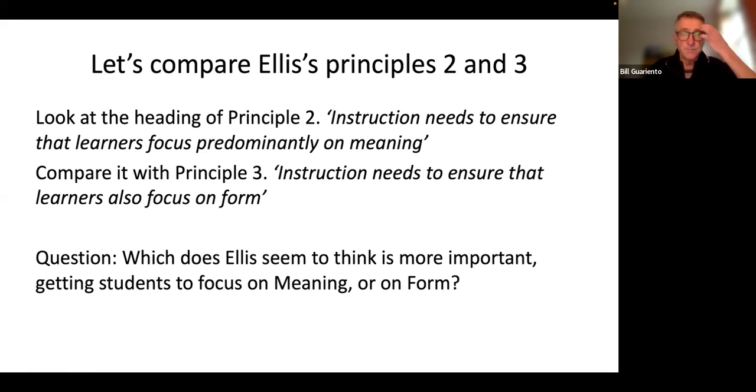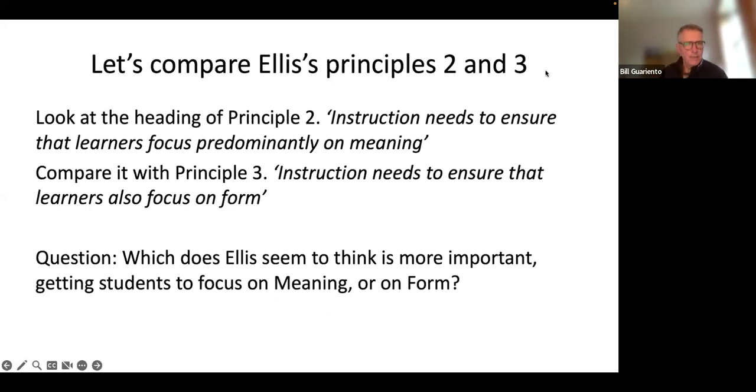We saw that 2 or 3 weeks ago. Let's compare it to principle 3, which we studied today. Instruction needs to ensure that learners also focus on form. So here's my question at the bottom. Which does Ellis seem to think is more important? Getting students to focus on meaning or on form?